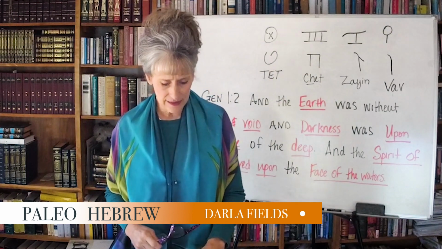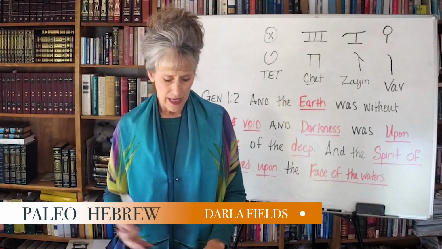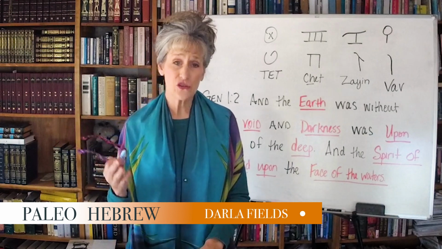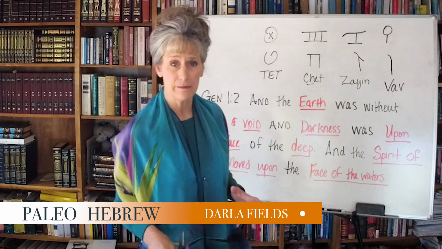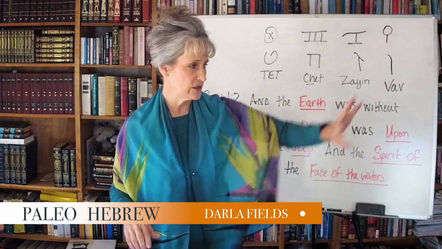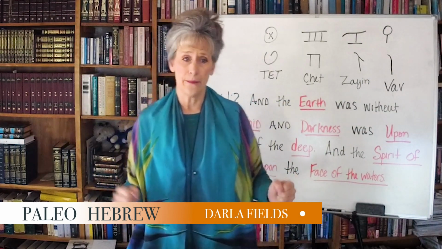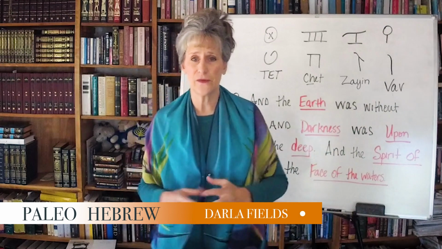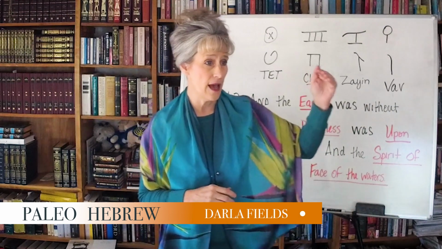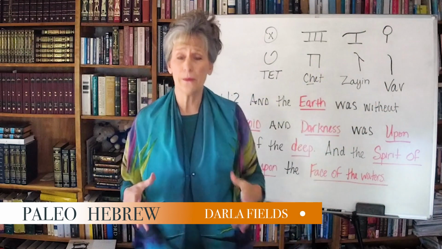So chet is a wall, it is a fence, it is separation or private, meaning that it separates the outer from the inner. It separates that field from this field. It separates that room from this room.